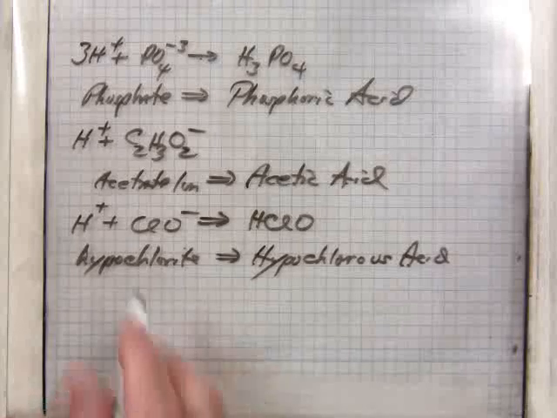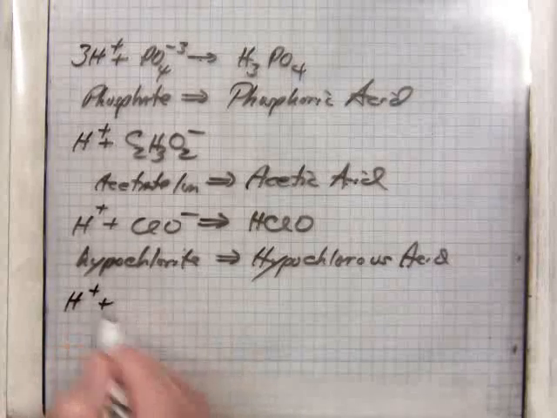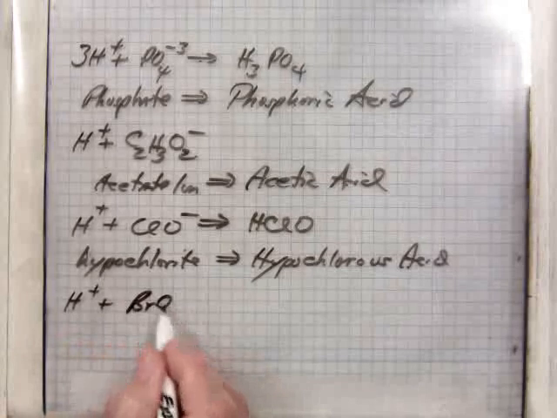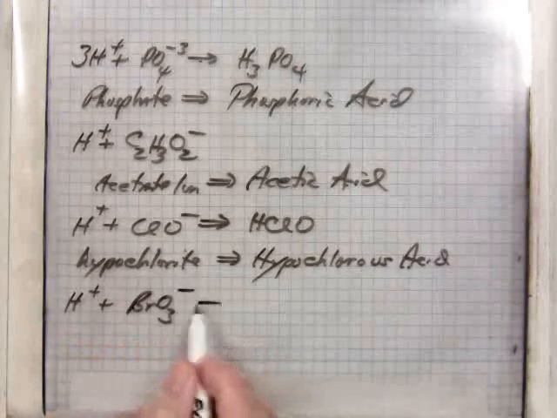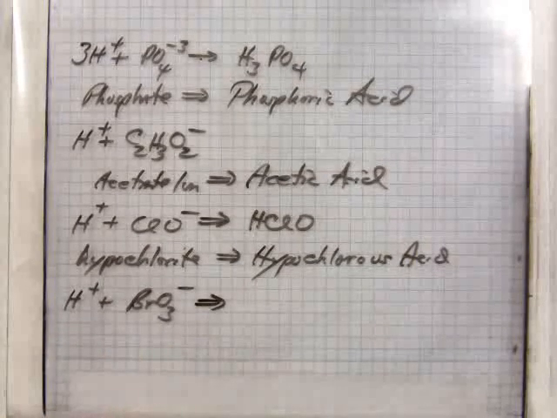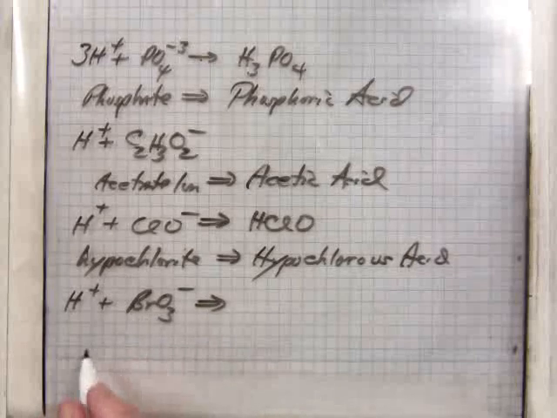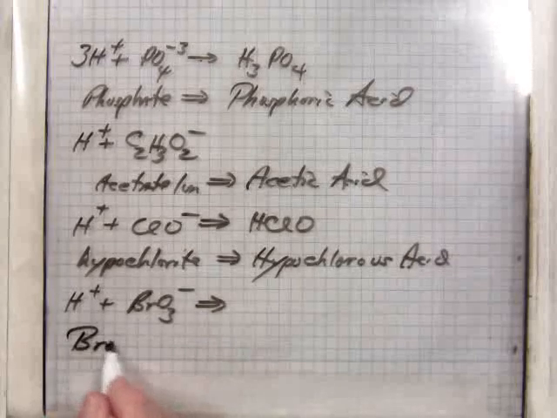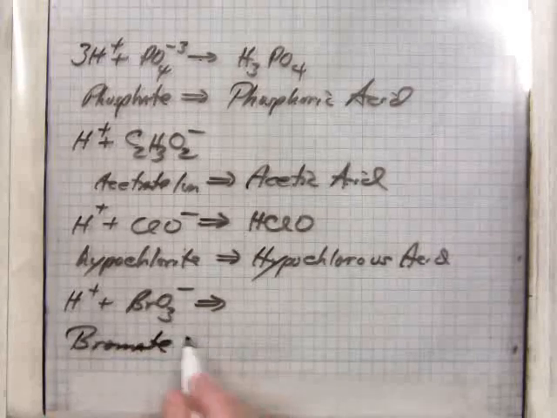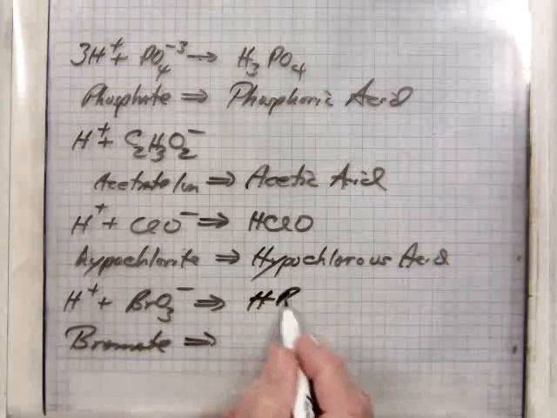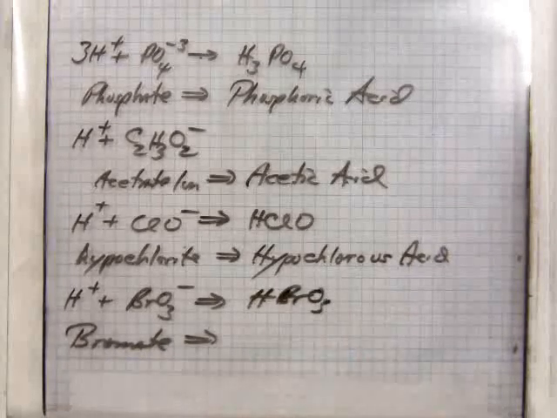How about this one? It was one of those analogous series things, and that is a bromate. And so it gives you HBrO3 is the acid formula.